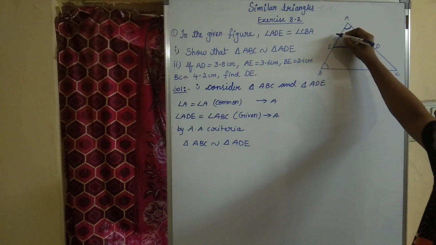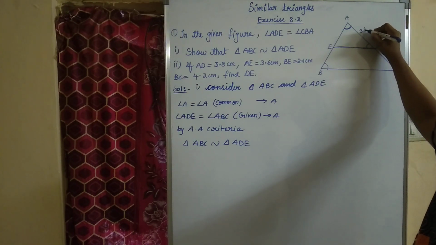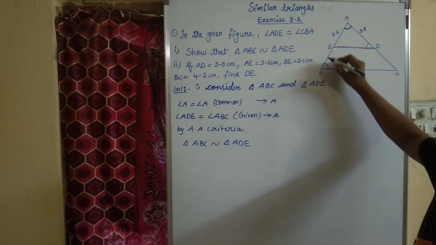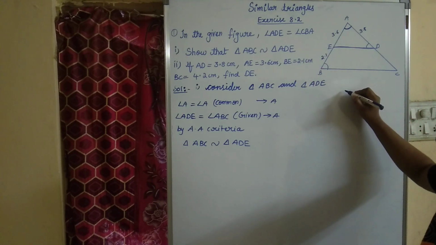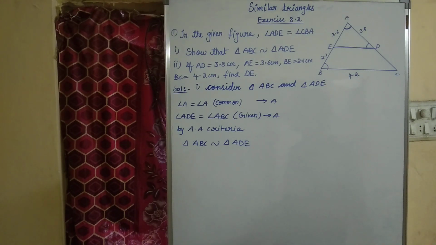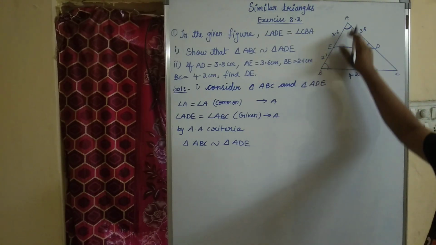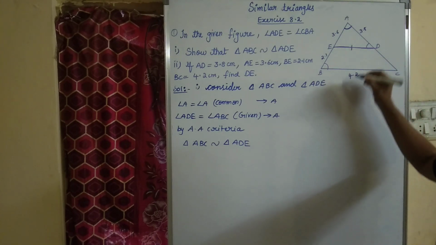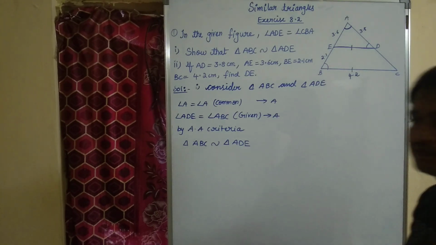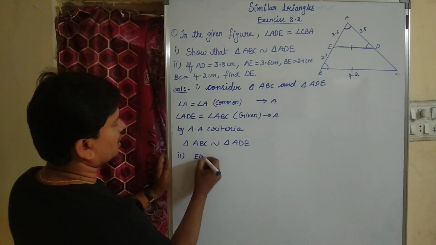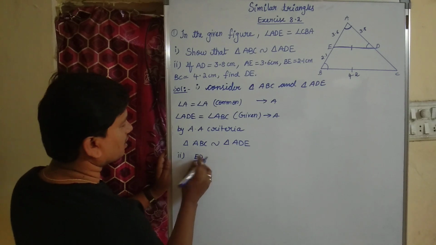Given AD is 3.8, AE 3.6, BE 2.1, BC is given 4.2. If you consider these two triangles ADE and ABC, what is the corresponding side of DE? The corresponding side of DE is BC.